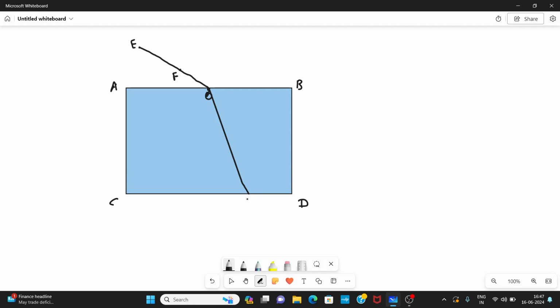Let us name it to be O dash. And it will emerge here, O dash, and it will emerge through this glass slab. Let us name the emergent light ray to be GH.